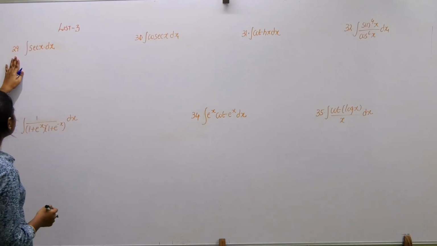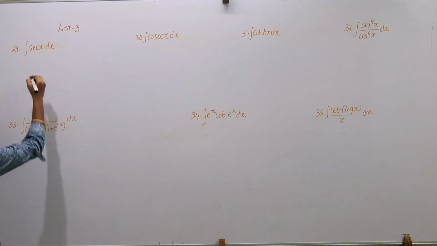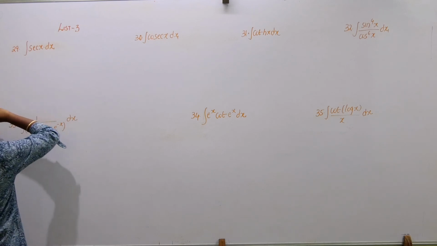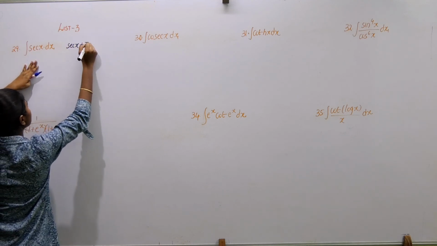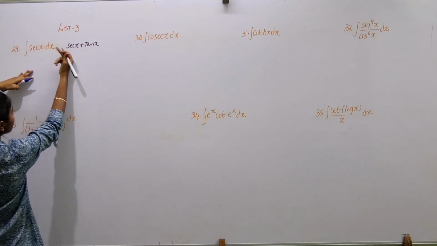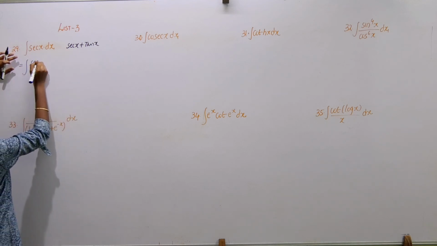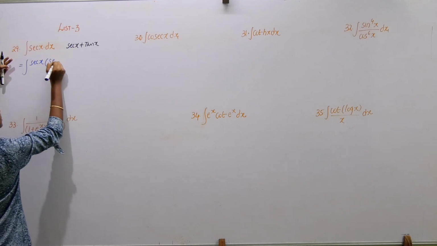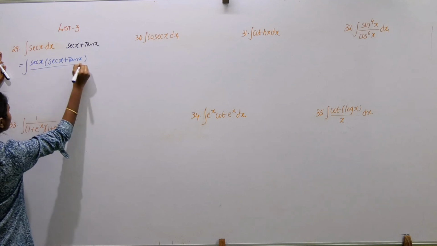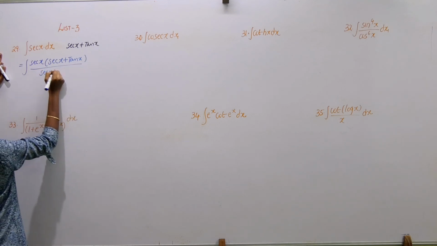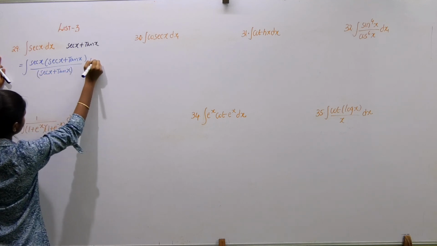Next one, 29th question. Integral secant x dx. To solve this, here we have to adjust secant x plus tan x in the numerator and denominator. So, in the solution, here secant x into secant x plus tan x by secant x plus tan x dx.